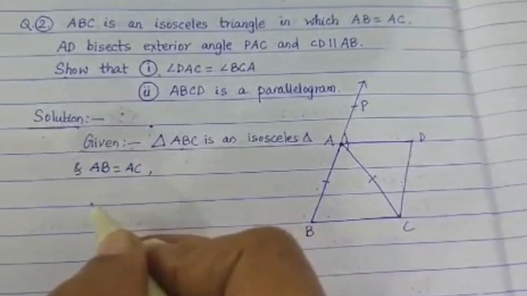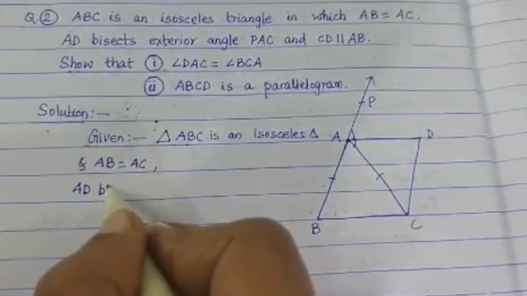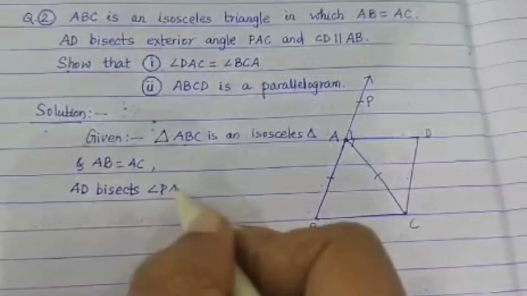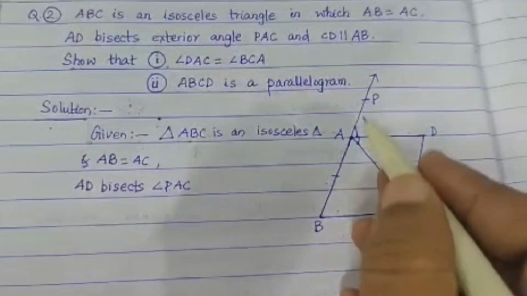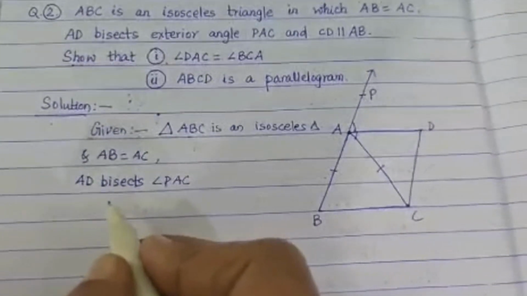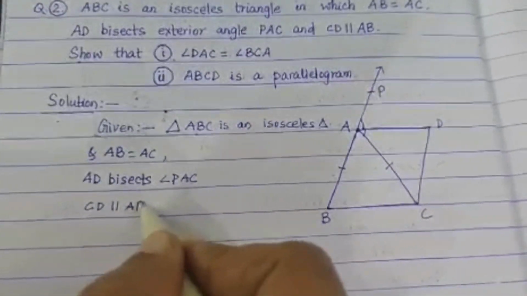Also given is AD bisects angle PAC. That means these two angles are equal, angle PAD equal to angle DAC. And also given CD is parallel to AB.